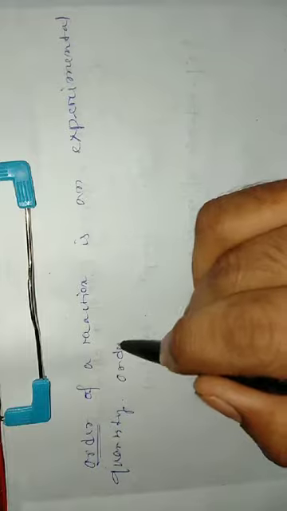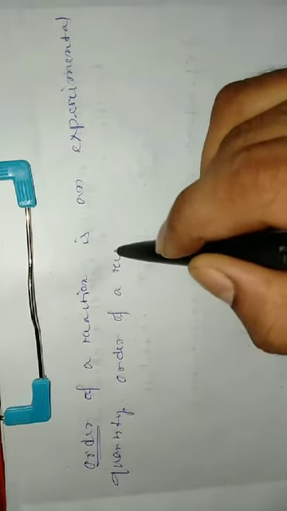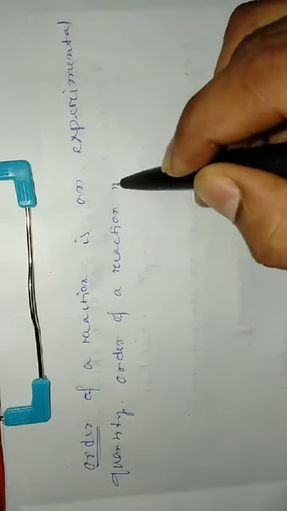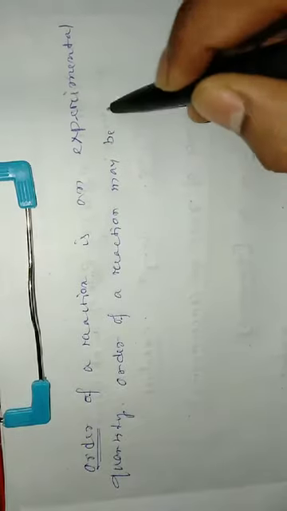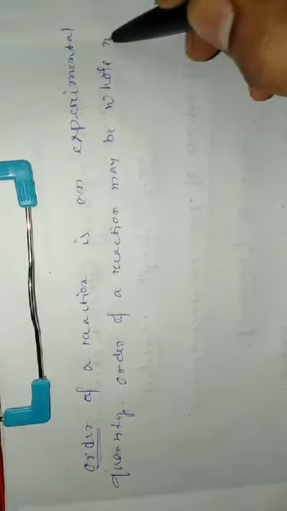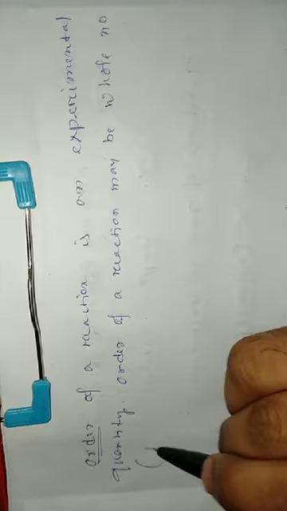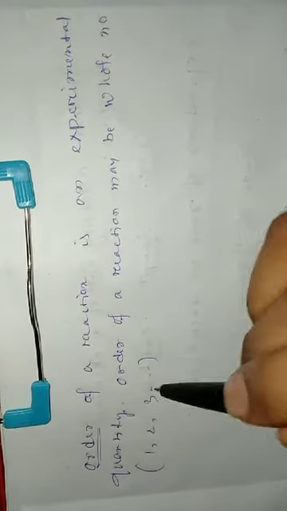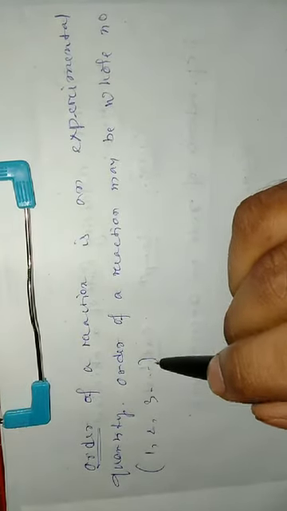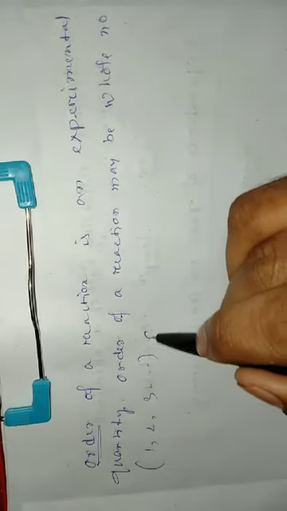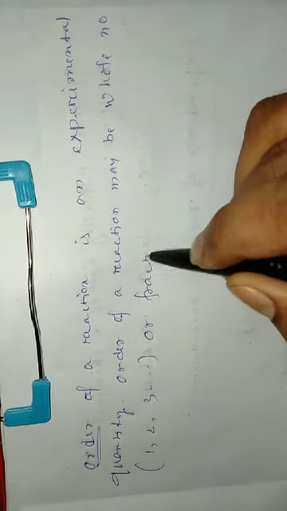Order of a reaction may be whole number, meaning 1, 2, 3 like that. Order of a reaction may be whole number or fraction.